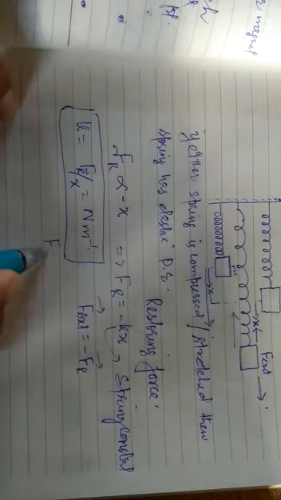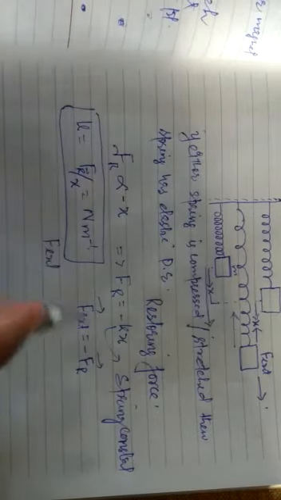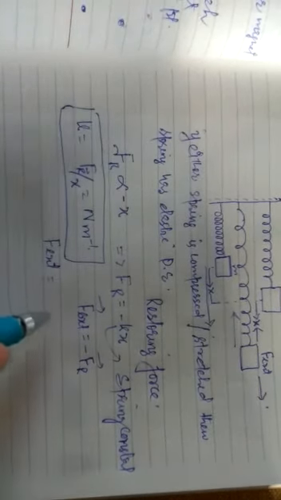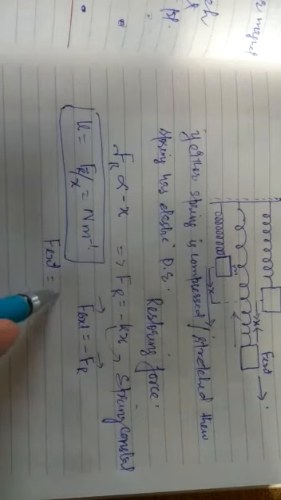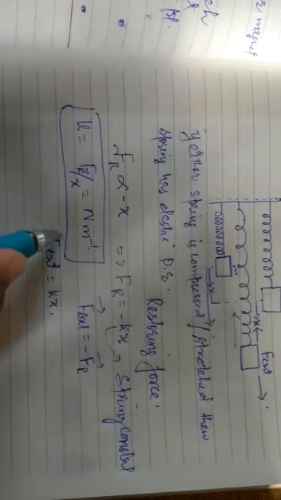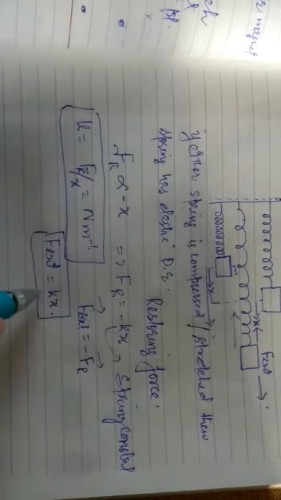So F external equals minus of minus kx, which is simply plus kx. This is the external force that equals the spring constant times the displacement.